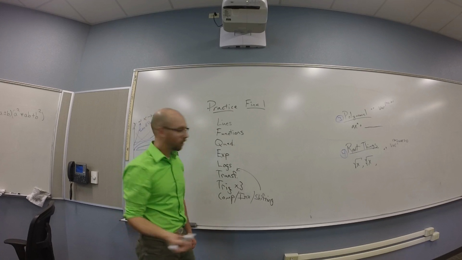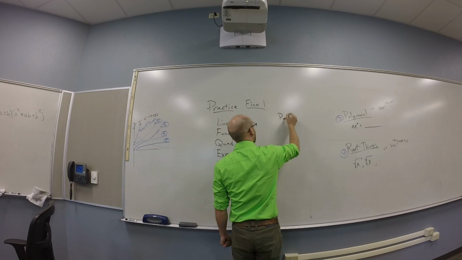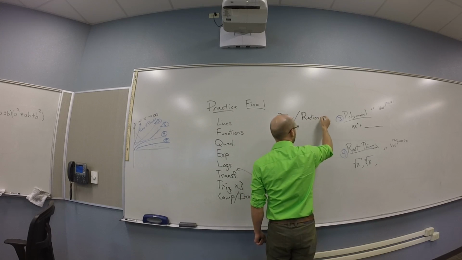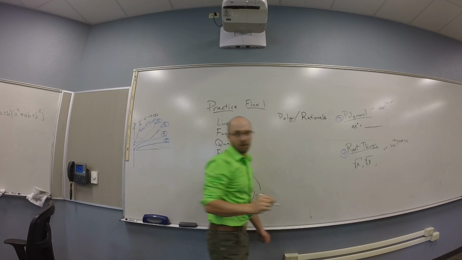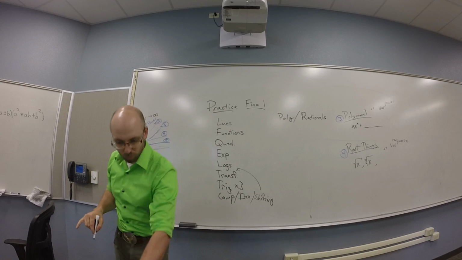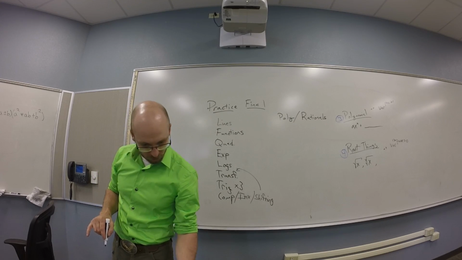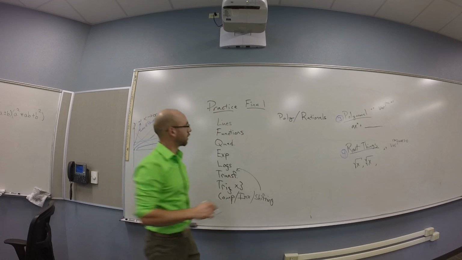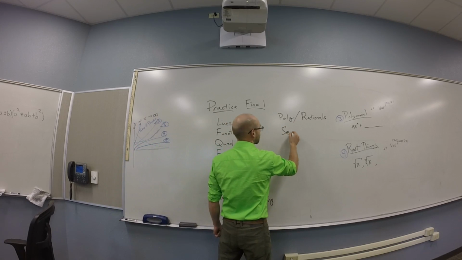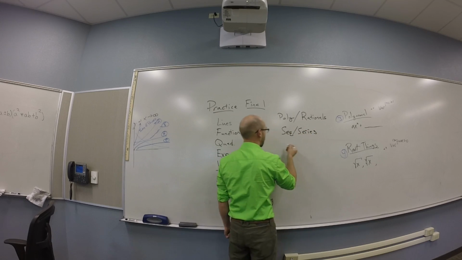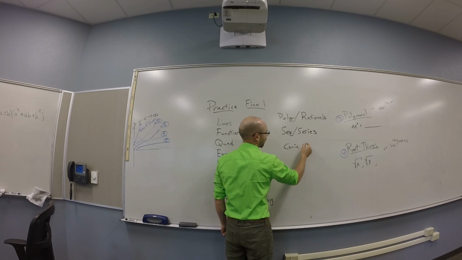And then chapter 11 that we just talked about is polys and rational functions. And there's one more chapter I think we're going to talk about. We're also going to add sequences and series, and maybe if we have time, conic sections.